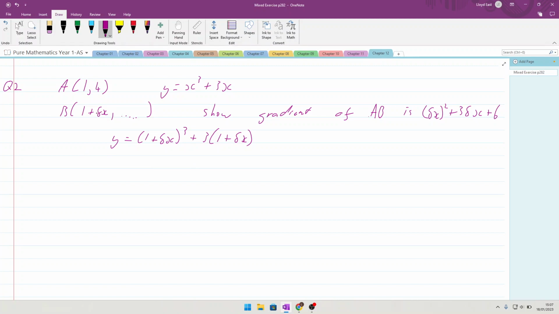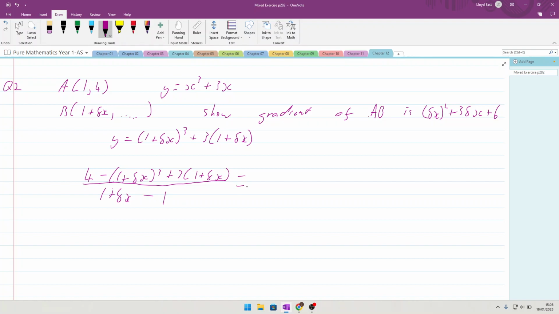So we've got the difference of the y's, so we're going to have 4 minus all of the above, 1 plus delta x cubed plus 3 times 1 plus delta x, all divided by the difference of the x's, which is going to be 1 plus delta x for x2 minus 1, the x here.